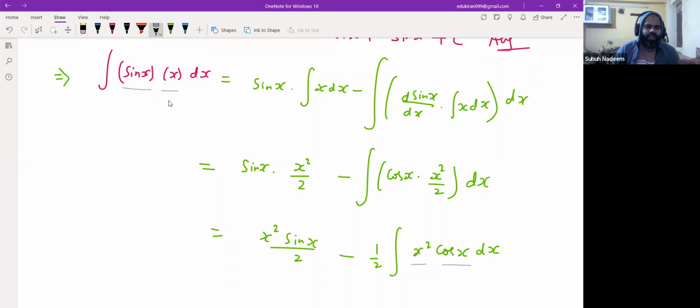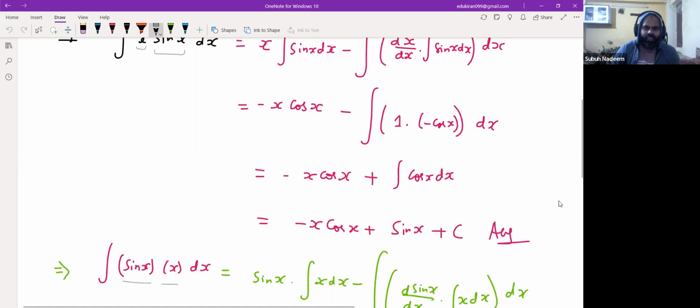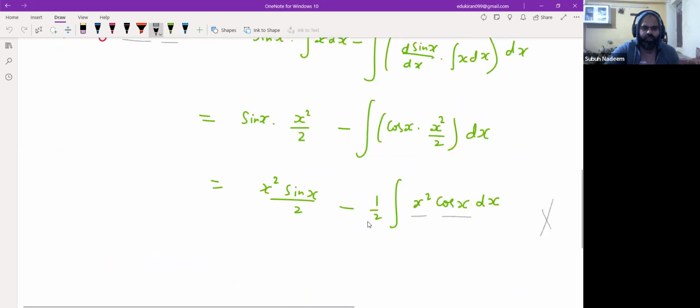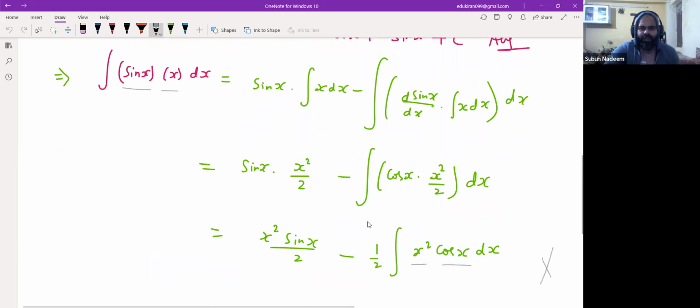If we take them in a different order, we may not be able to solve it. In the previous one, you can see x vanished as its derivative was 1, and then you got the cos x integration. But if you change the order, you may land in a problem. Are you realizing this? Yes.